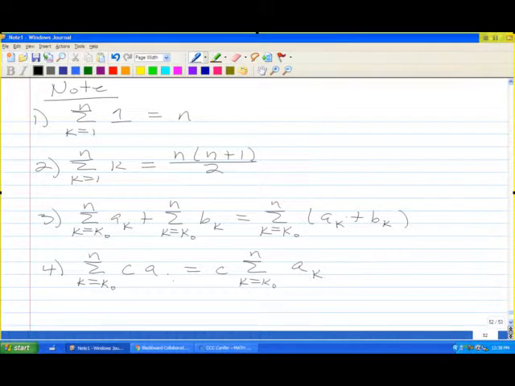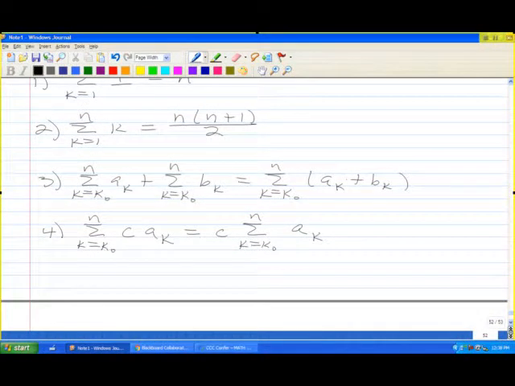So you can distribute out a common factor. It's the distributive property. And maybe one last one.